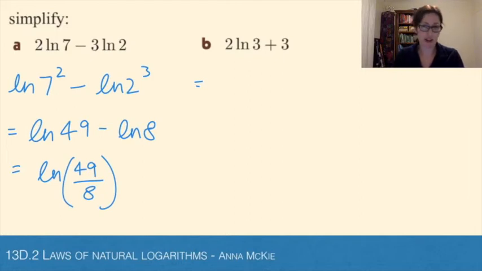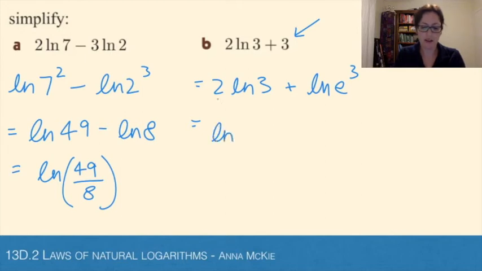so you need to leave it as a fraction. And the last one here, seeing that addition sign might remind you to try and use the multiplication law, but that 3 currently doesn't have an ln with it. So we need to have a way of writing that as an ln, and the way is it's e to the power of the number that it was. Then let's simplify it using the power law, making that ln of 3 to the power of 2, and now combining them.